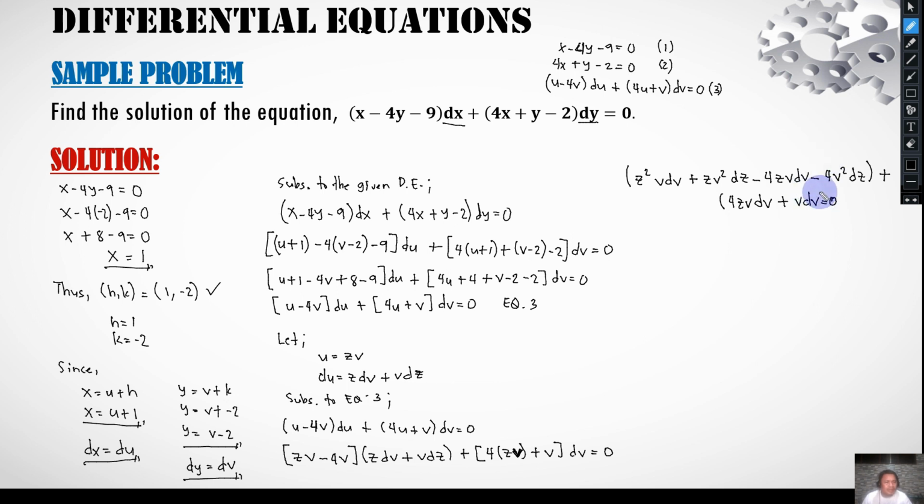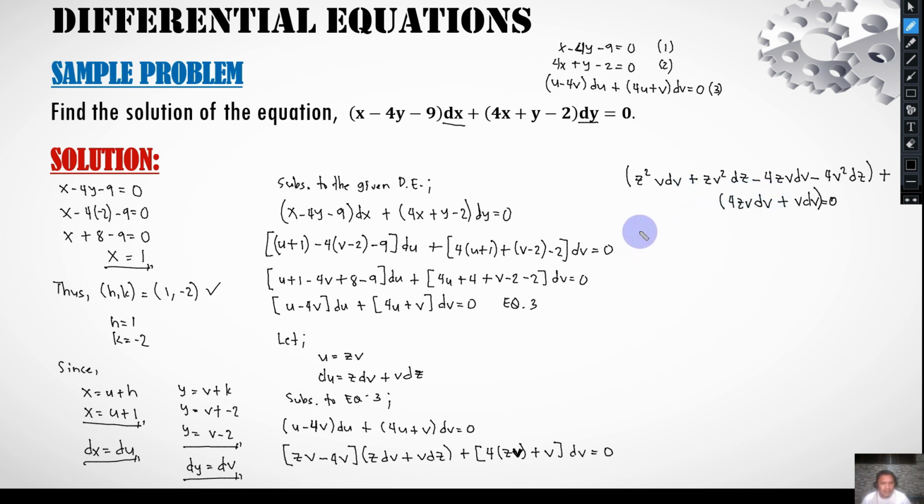Okay? So, after this one, pwede nating i-separate lahat ng mga the same variable. So, in this case, we will start with this one, sa mga dv, at saka yung mga dz naman is ating isi-separate.